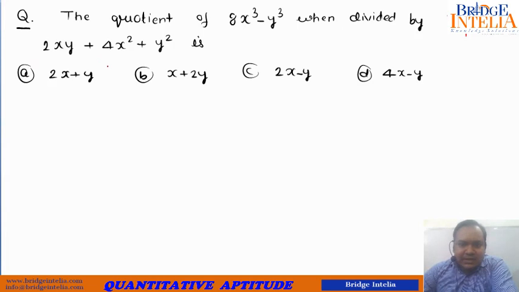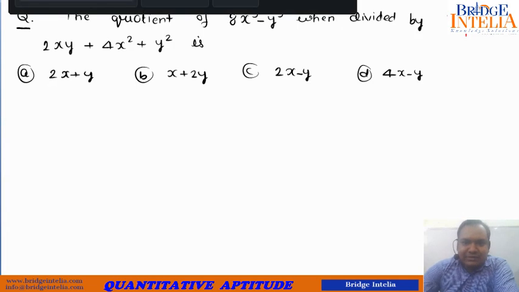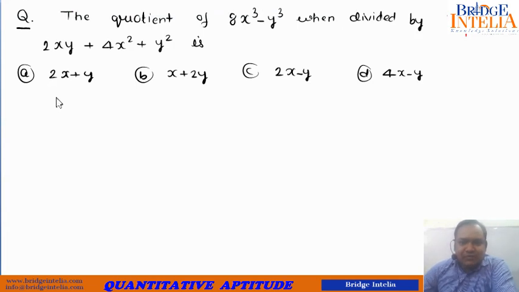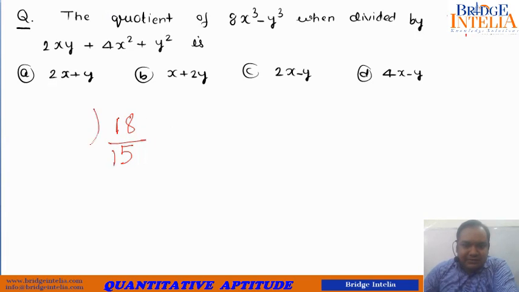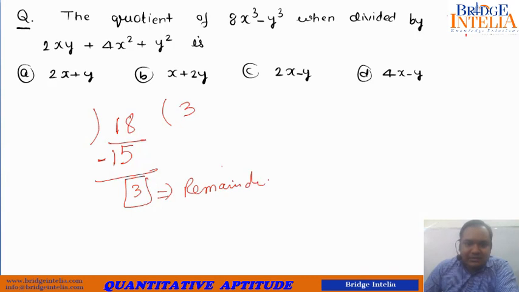If I am dividing 18 by 5, then we must understand the concept of quotient and the concept of divisor. So 18 when divided by 5, if you try to divide, you will see that 3 is the remainder, and this will be the quotient.